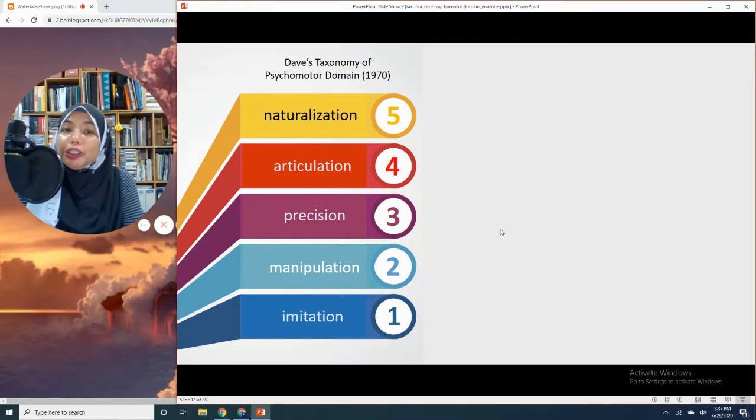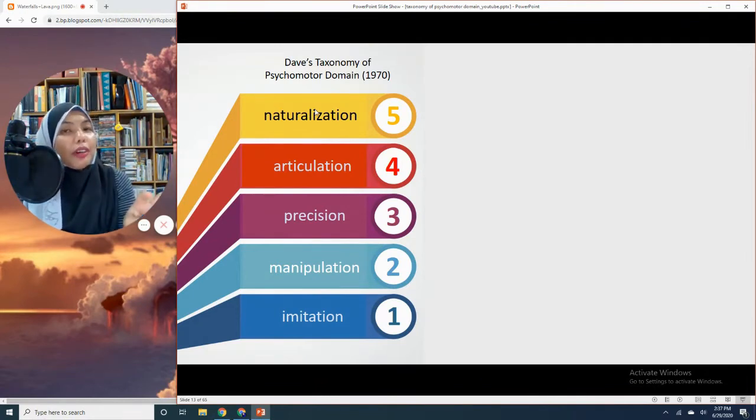So now I'm going to show you how we move up and move down along the levels on psychomotor taxonomy. And this one is by Dave, which consists of 5 stages. So the lowest level is imitation and the highest level is naturalization.